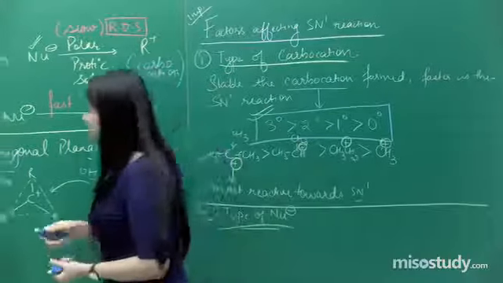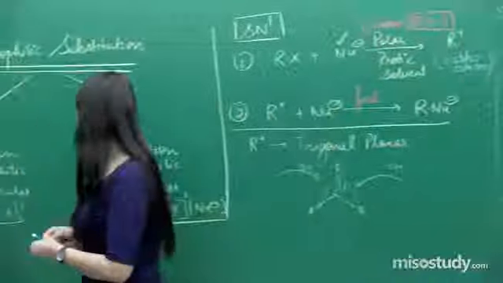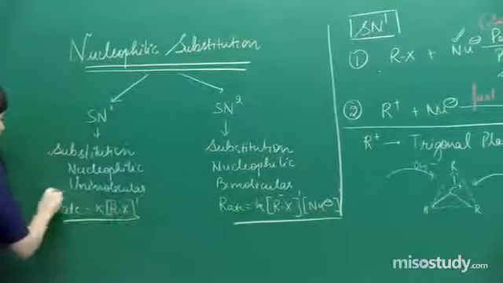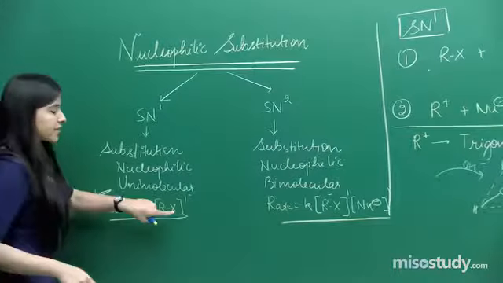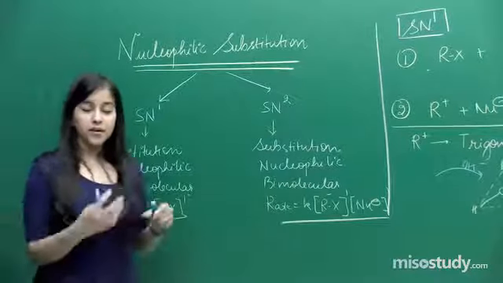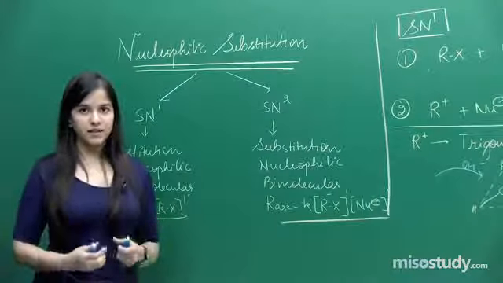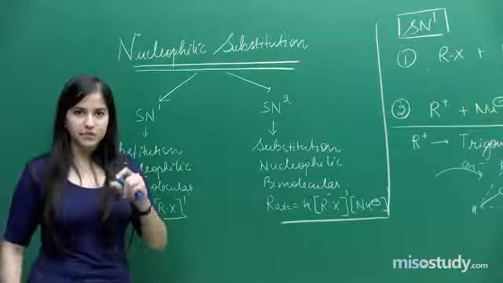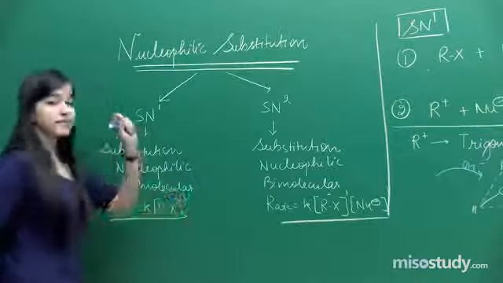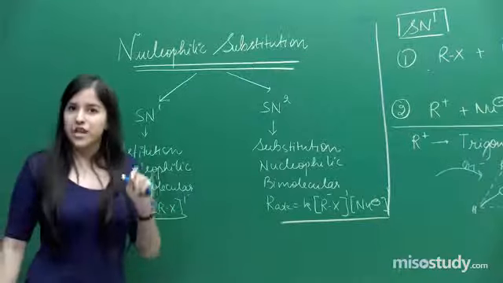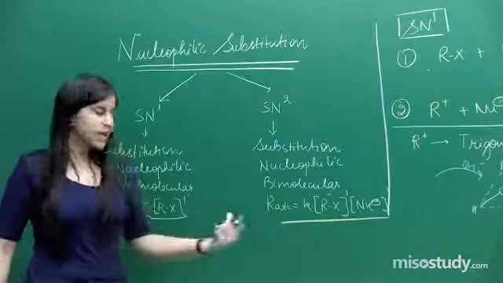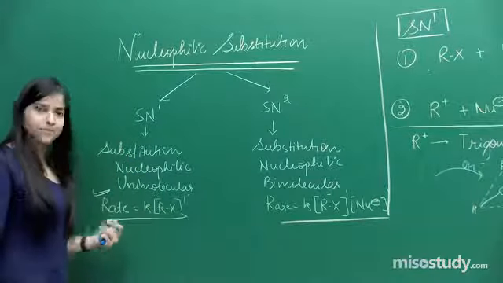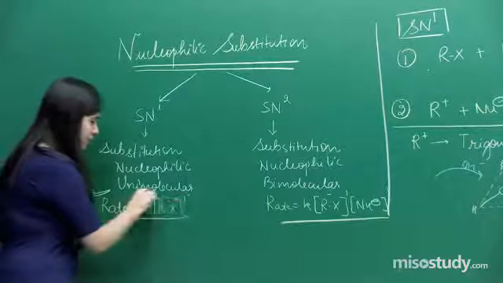Now, if you consider the rate equation for SN1, what does it say? What is the rate? I am measuring the speed by which the reaction is happening. So that is what the rate defines. Now the rate is dependent upon RX.